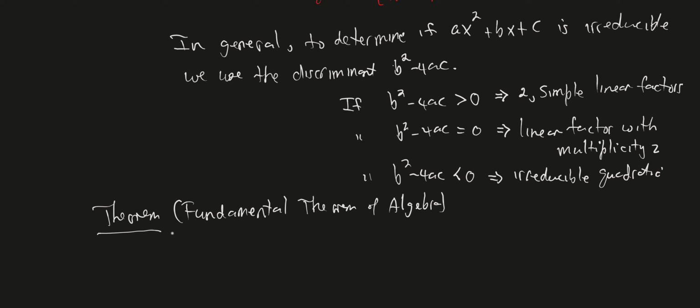And this is what it says. Let p of x be a polynomial. So let's say we have a polynomial of degree n.